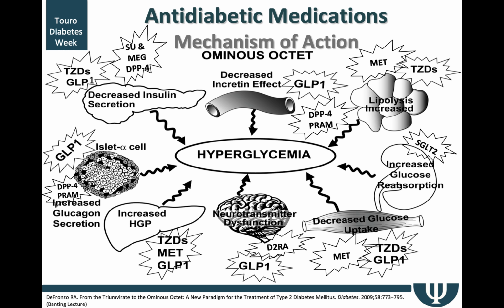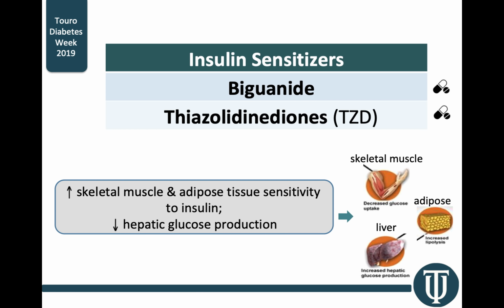I just want to give you an idea that for each component of the octet, there are medications to target it, and hopefully that will reach the goal of managing diabetes or reducing glucose in the blood. So let's get into our first class called the insulin sensitizers.